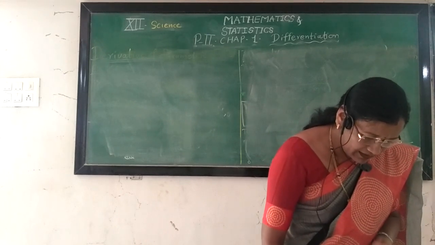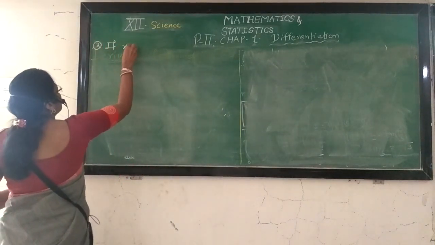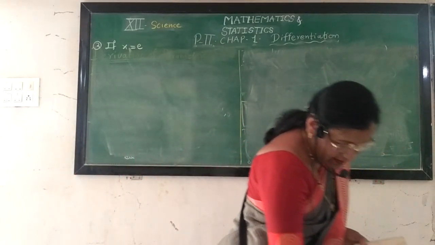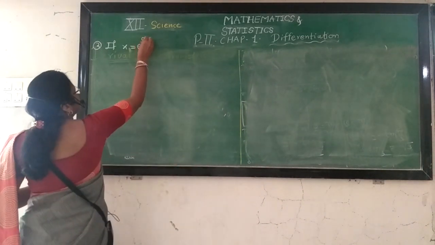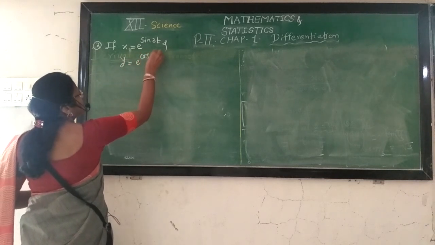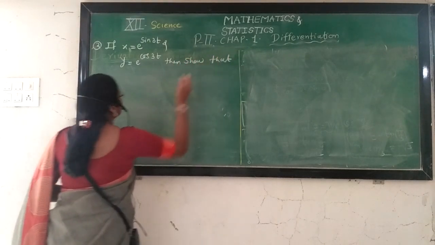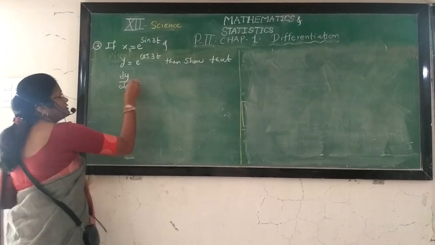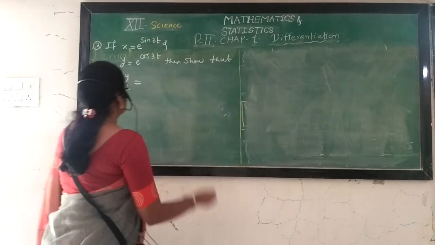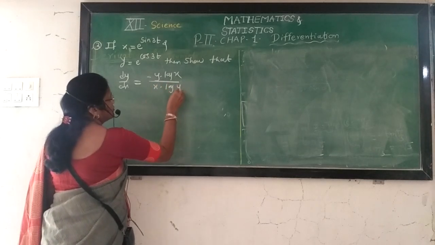So you can write here: if x is equal to e raised to sin 3t and y is equal to e raised to cos 3t, then show that dy by dx is equal to minus y into log x upon x into log y.